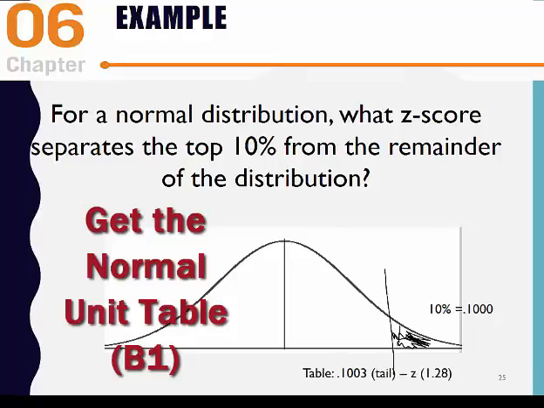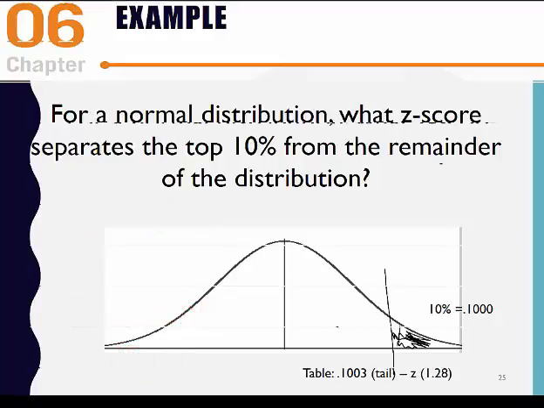The closest one is, you're going to see in the tail a proportion of 0.1003, and that corresponds to a z-score of 1.28. So you can see once we know a proportion, or we know a percentage of area we're looking for in the normal distribution, we can find very easily the corresponding z-score.